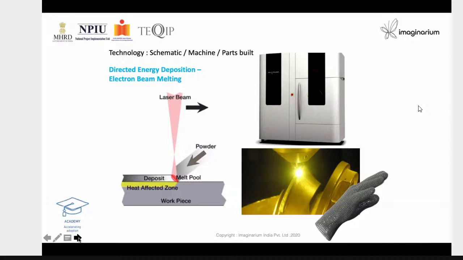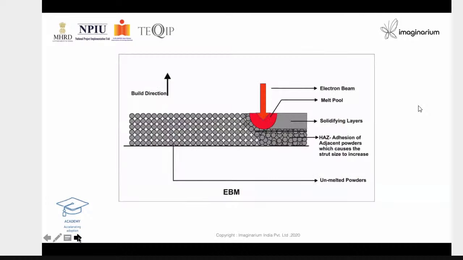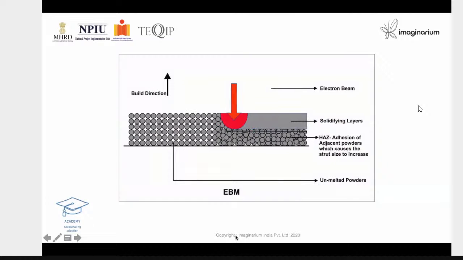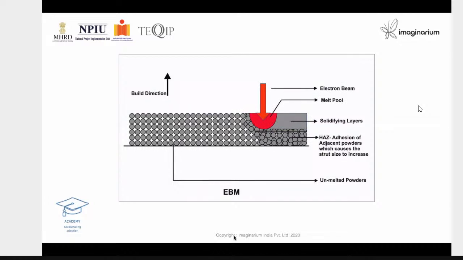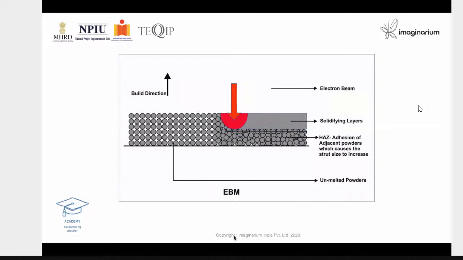I'm sure you will hear more about this technology in the other classes, and you can see here how exactly the powder gets molten, and there are solidifying layers. There's a heat affected zone, and the density of powder once it is molten is very heavy. The part will go down, it will sink.